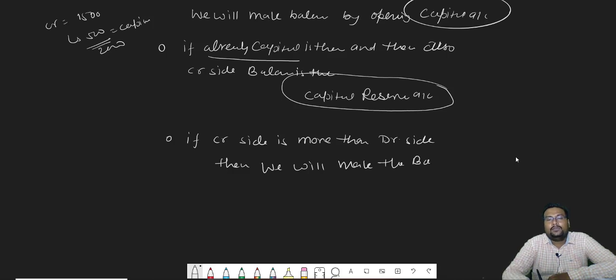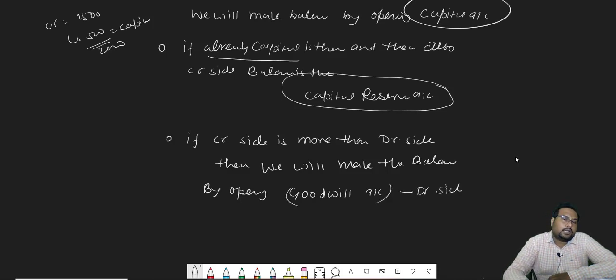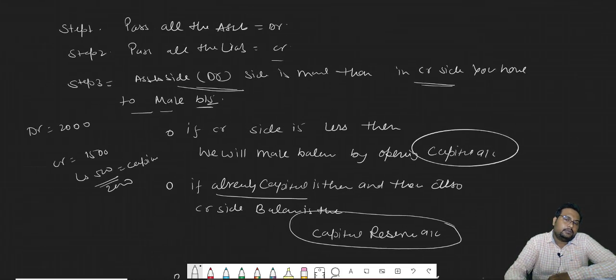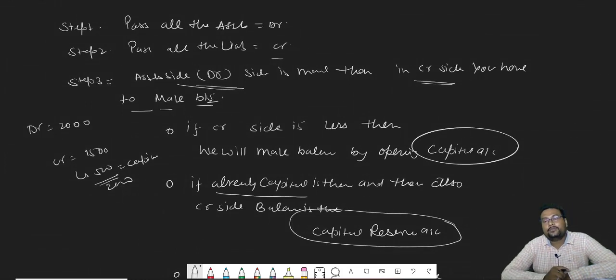Then we will make the balance by opening the goodwill account in the debit side. Okay. So this is a very simple thing beta. So simple steps are there.